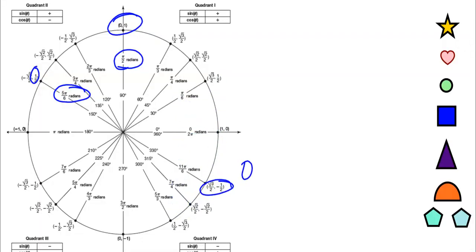So -1/2 is here and here. So here's my -1/2 here and here. So we're talking 7 pi over 6 and 11 pi over 6.